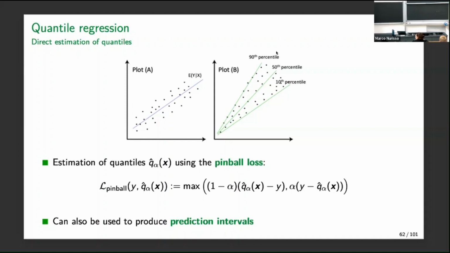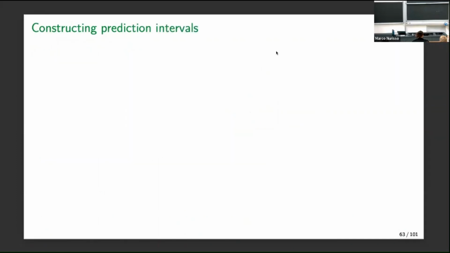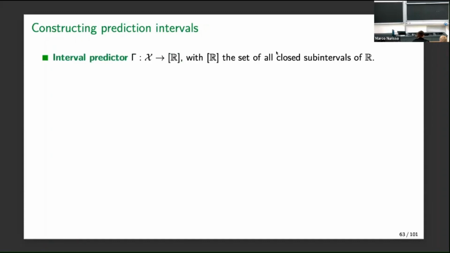So for regression, the set-based representation that we had for classification becomes, in most models, an interval. Okay, for those intervals I will use the general notation as follows: I have a predictor gamma, a mapping from X to all closed subintervals of the real line. That's the notation I use for the model.